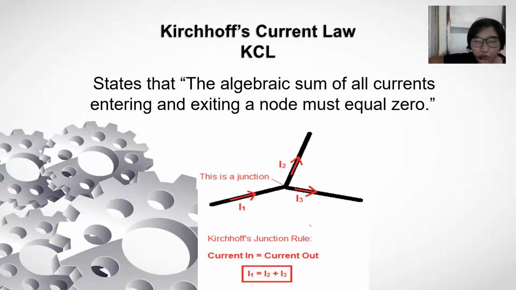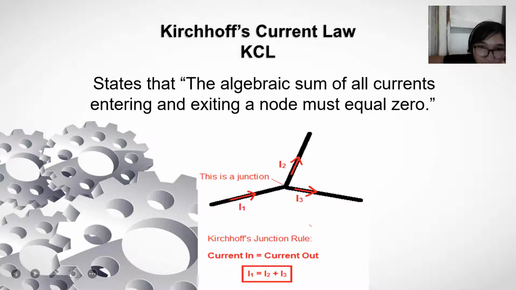So now we're going to understand the two types of Kirchhoff's law. First we have Kirchhoff's current law, or KCL, that states that the algebraic sum of all currents entering and exiting a node must equal 0. Also, we have to understand what junctions are and their function in circuits. A junction is a point where your current starts entering the circuit.